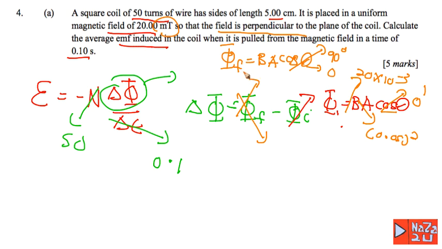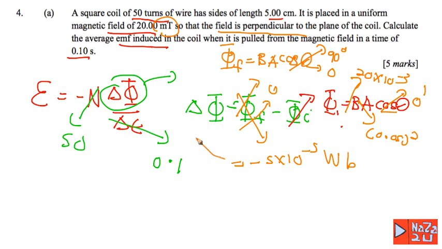So the flux final is equal to 0. So now you have a negative 5 exponent, minus 5 Weber. So this is the delta flux.